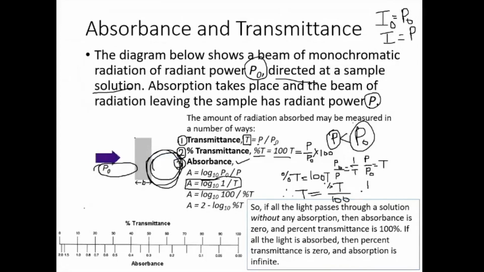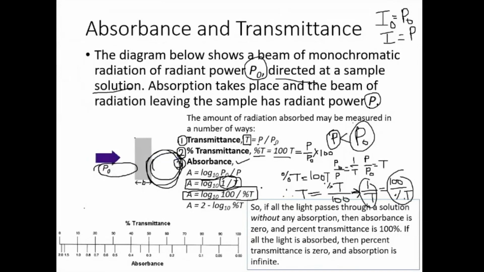So 1 by T will be equal to, can anybody tell me what 1 by T is here equal to? Yes, brilliant. 100 upon percent T. So we have substituted here. A is equal to log to the base 10 of 100 divided by percent T.